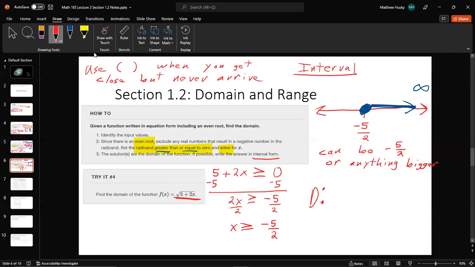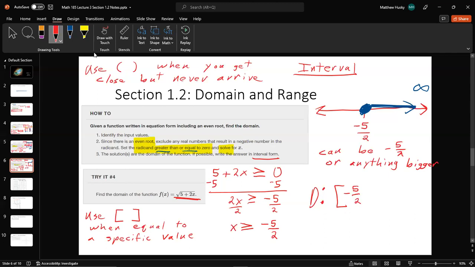Now, in this situation, we're going to use square brackets when equal to a specific value. In this case, it can equal -5/2, and it can be anything bigger than that. So the way we would write this is we start with a square bracket, and we start at -5/2.